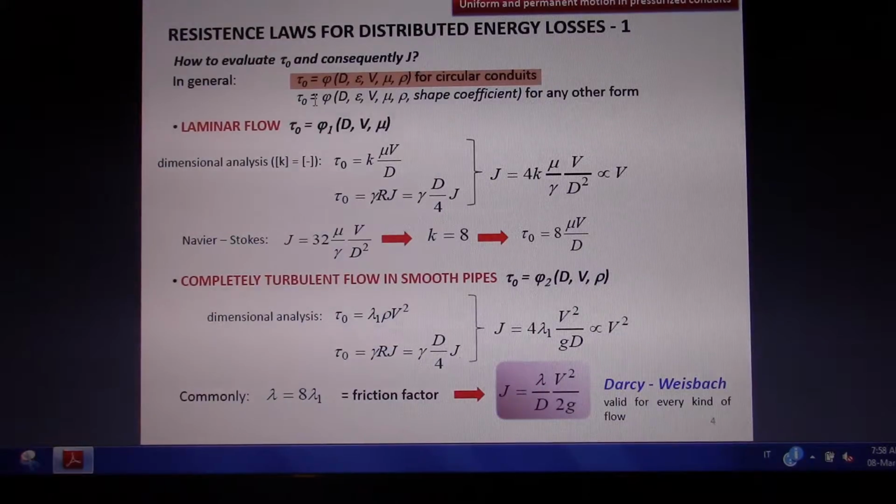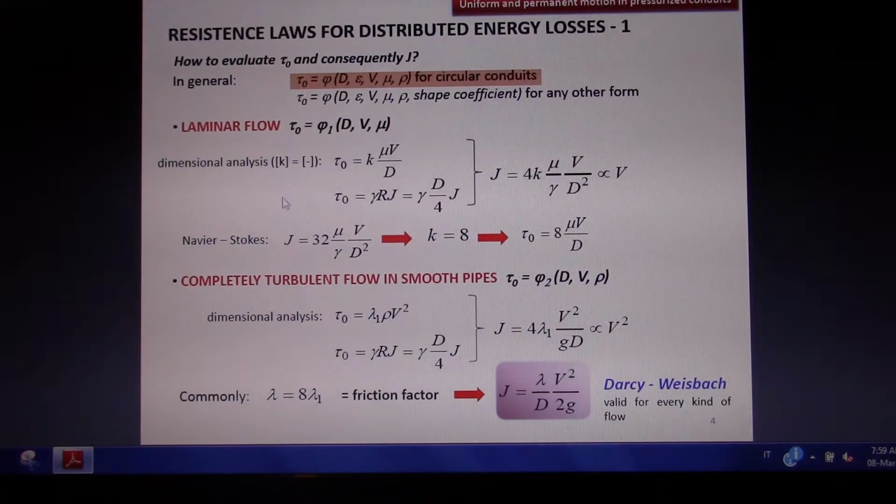So, recalling the Reynolds experience, let's try right now to define for different kinds of flow how to evaluate tau zero. The first flow that we are observing is the laminar flow, and in this case the tangential tension tau zero is a function only of the diameter of your pipe, of the velocity, and of the dynamic viscosity.